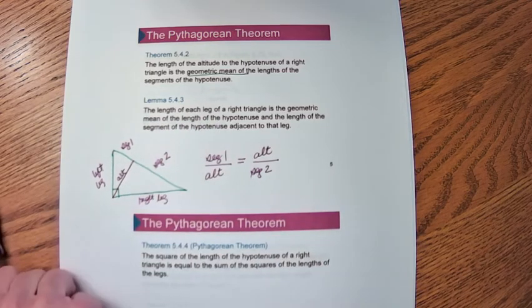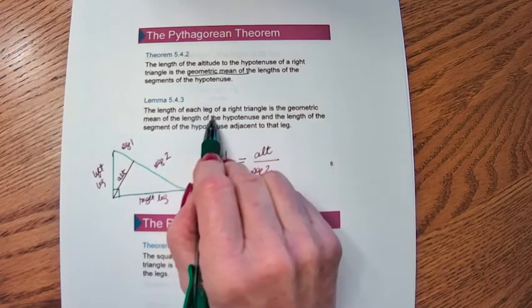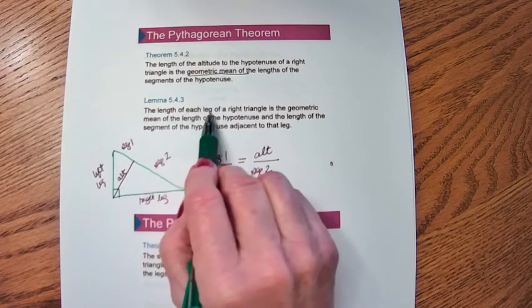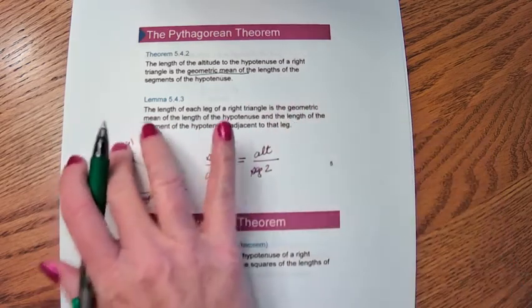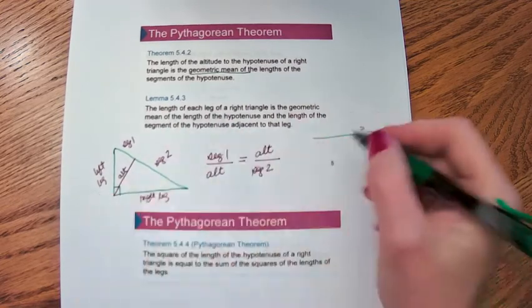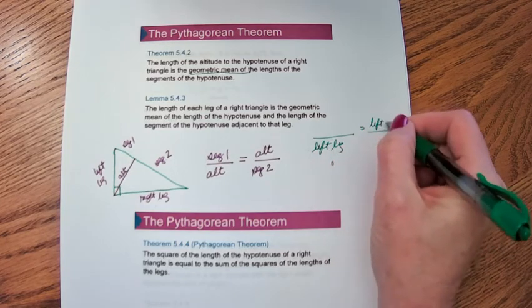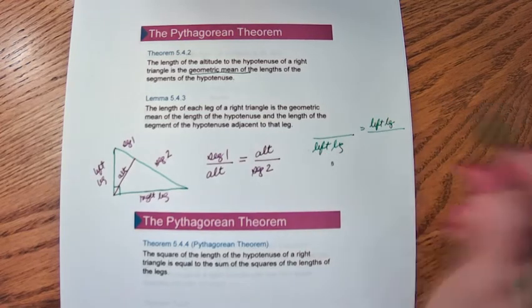Let's look at 543. The length of each leg, so here's the left leg, here's the right leg. The length of each leg is the geometric mean. Okay, so let's look at this one here. We'll say the left leg is the geometric mean. That means it's in that position.